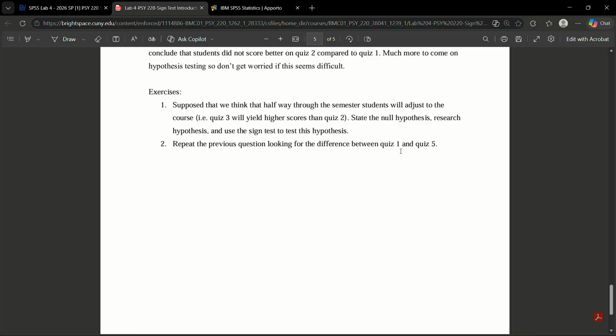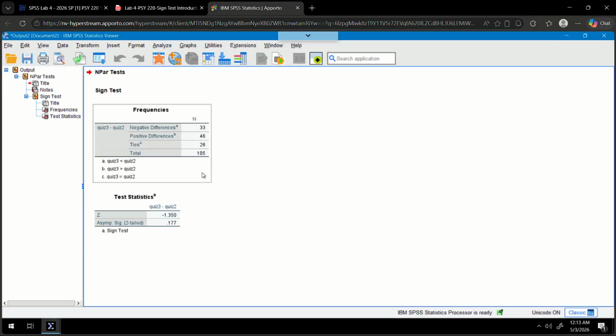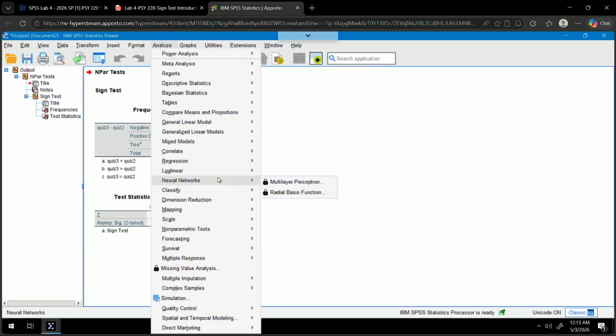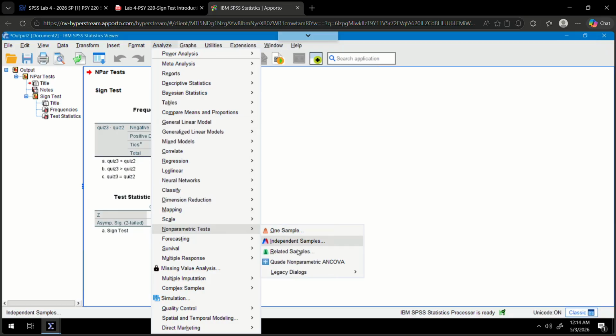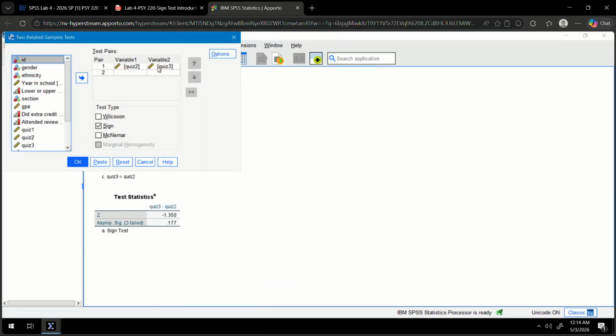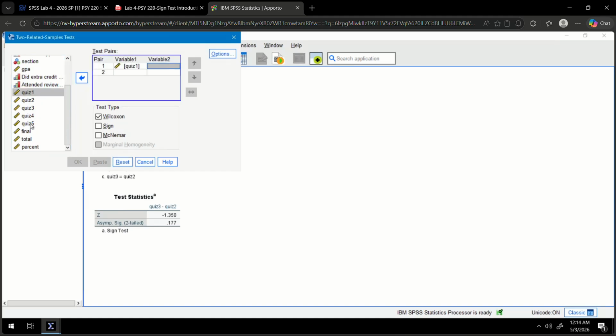And then let's look at quiz 1 and quiz 5. So we're going to do the same thing: analyze, non-parametric legacy dialogues, 2 related samples, quiz 1 and quiz 5. Check off sign.